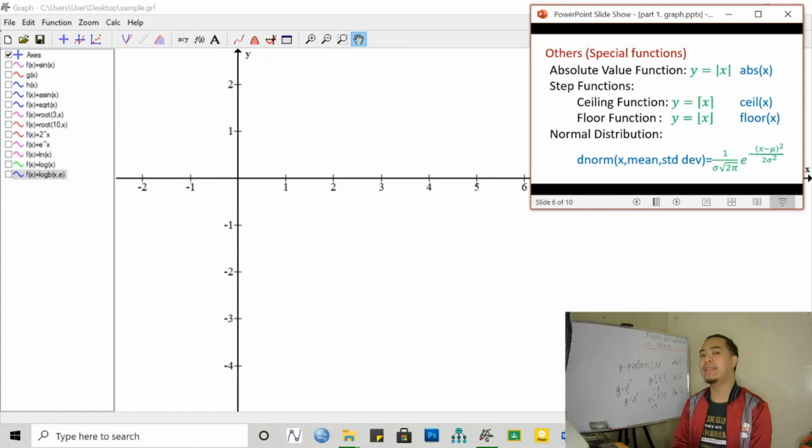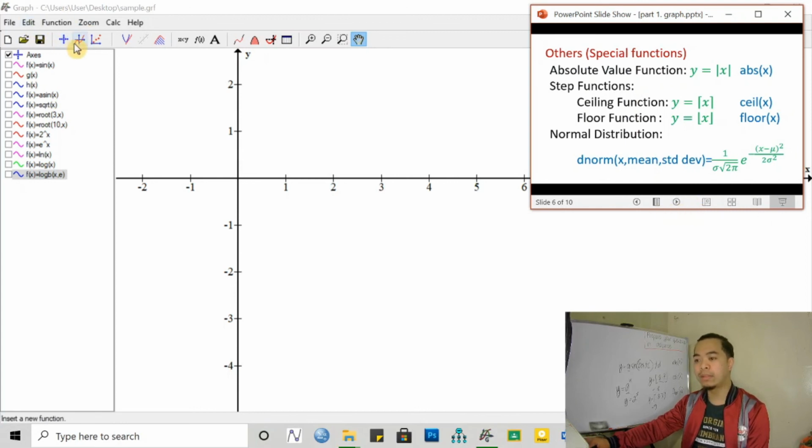If you are graphing any other normal distribution, meaning the mean and the standard deviation are other than 0 and 1, we can simply change it here. For now, I'm going to show you the graph of the standard normal distribution.